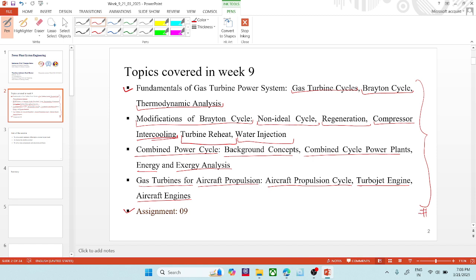So this session would be focused on the gas turbine cycle and specifically on the Brayton cycle and its modifications, like the non-ideality and regeneration, compressor intercooling, then turbine reheat and water injection.